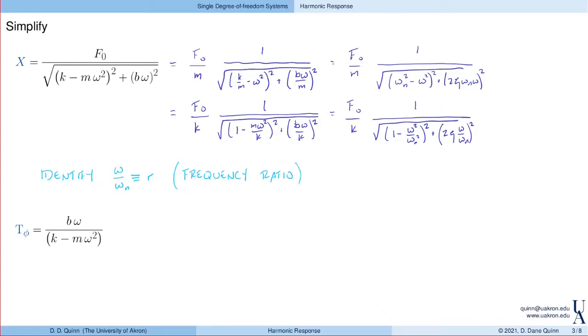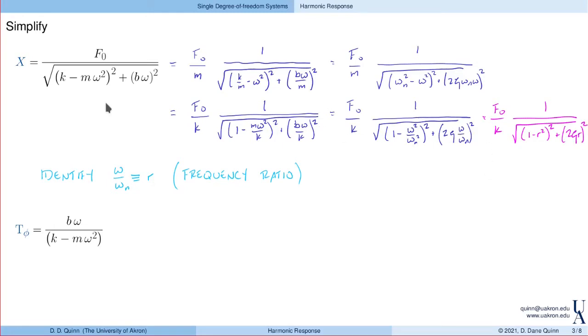And as a result, this expression becomes really kind of nice. We again have this F naught over K, and what's left is 1 minus r squared, quantity squared, plus 2 zeta r, quantity squared.